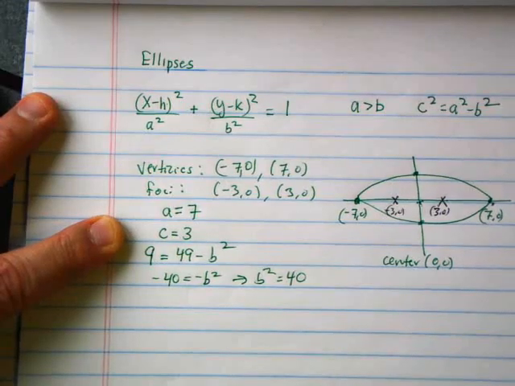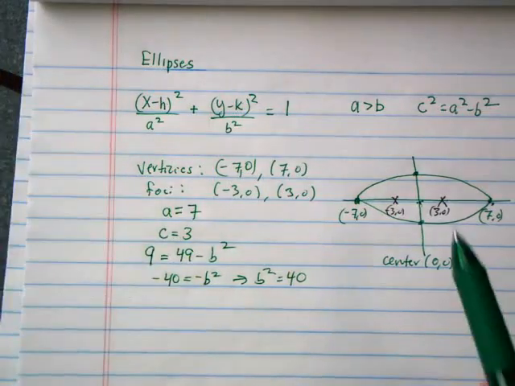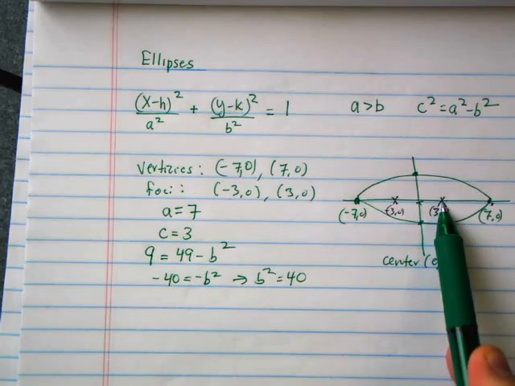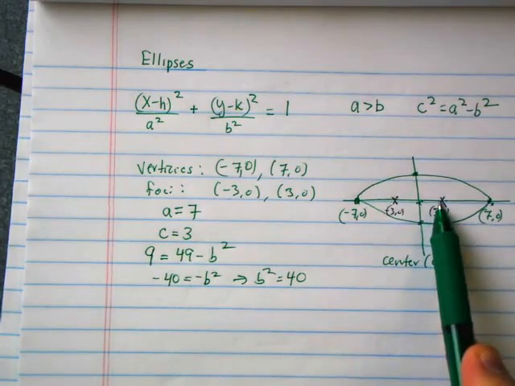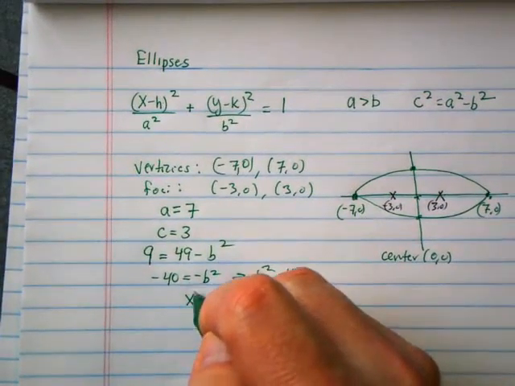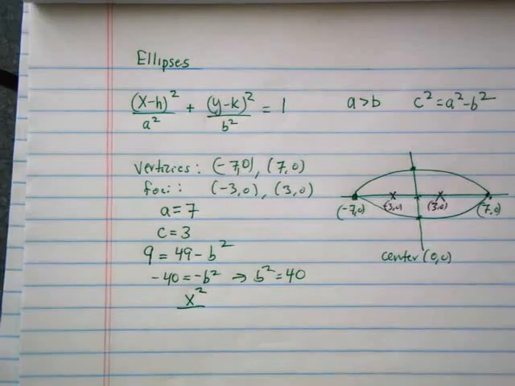Grace? c equals 3 because c is the distance from the center to the foci. So in this case, that's just 3 steps straight to the right. Okay? So it looks like my equation is x squared over 49.